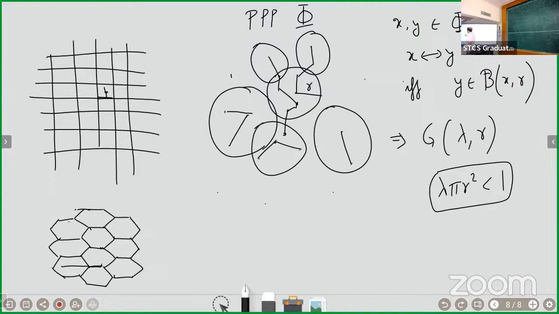So rather than having circles here, each face is a hexagon, and it's closed or open with probability p and 1 minus p as before. So this is closed, closed, open, closed, open, closed. Each of them is decided with probability p and 1 minus p.